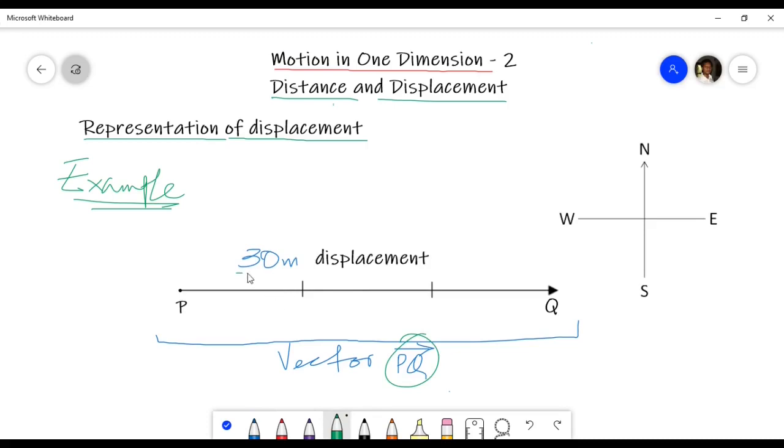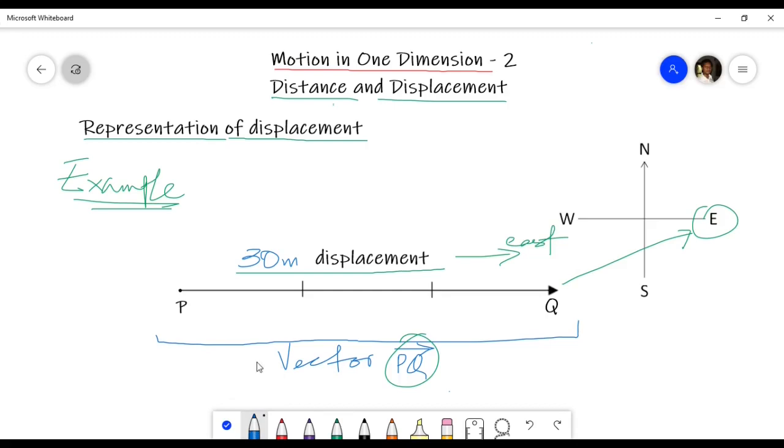The vector PQ represents 30-meter displacement. In which direction? Eastward, right? In east direction. So I hope you can understand this, that the vector PQ represents 30-meter displacement in east direction.